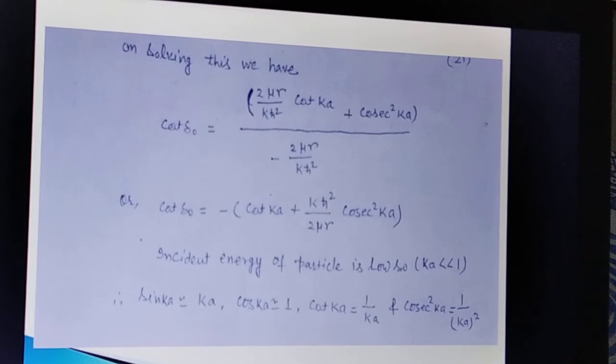Here the energy of incident particle is very much low, that's why ka is much less than 1. For this limit, sin of ka is approximately equal to ka, cos of ka is nearly equal to 1, cot of ka equal to 1 upon ka, and cosec square ka equal to 1 over ka whole square.